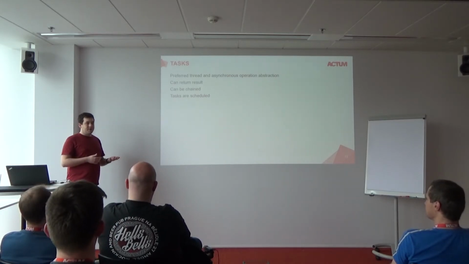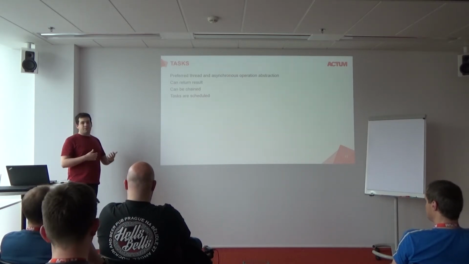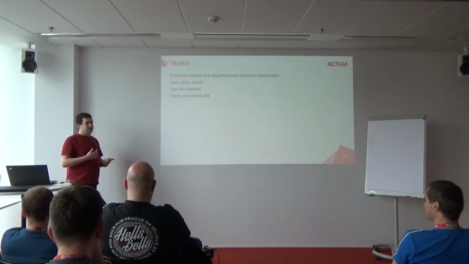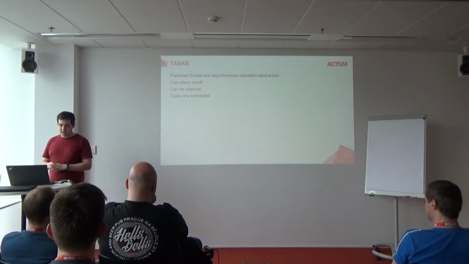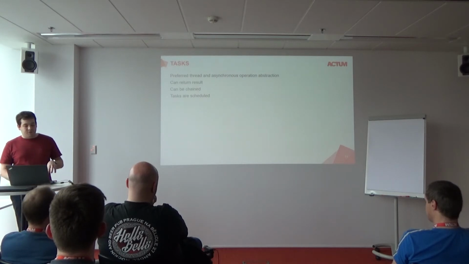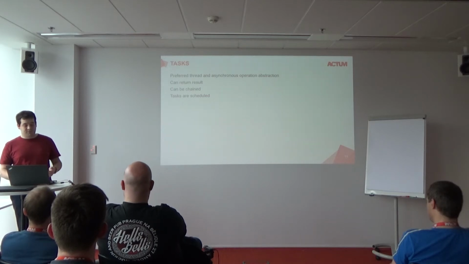But if you've got some task that just waits for something, then it will probably run a lot more tasks at the same time. This can be configured, so you can define these rules, but in most cases you should be okay with the default scheduler.